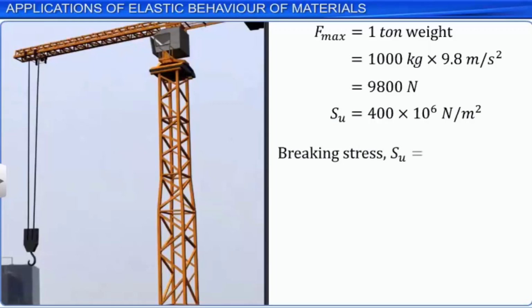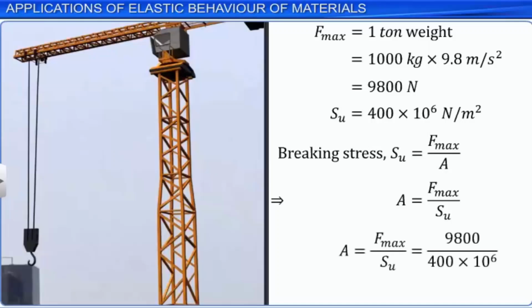The cross-sectional area of the required rope is calculated for the maximum load of 1 ton, that is 1000 kilos. By substituting the maximum load as mass times acceleration due to gravity and the breaking stress, the required area is 2.45 times 10 to the power minus 5 meters square.